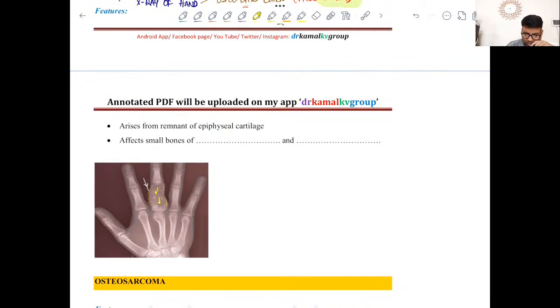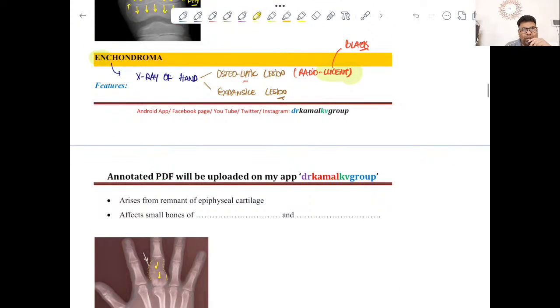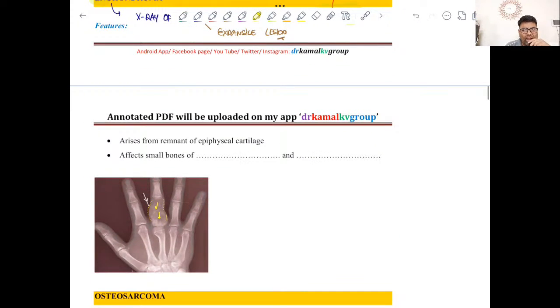So this is an expansile bony destructive pathology. The moment you have an X-ray of the hand, even if you don't interpret anything, straight away jump to enchondroma. If you don't know the answer, there is no harm in marking enchondroma. It is the X-ray of the hand, or at times feet, but the majority is always hand.